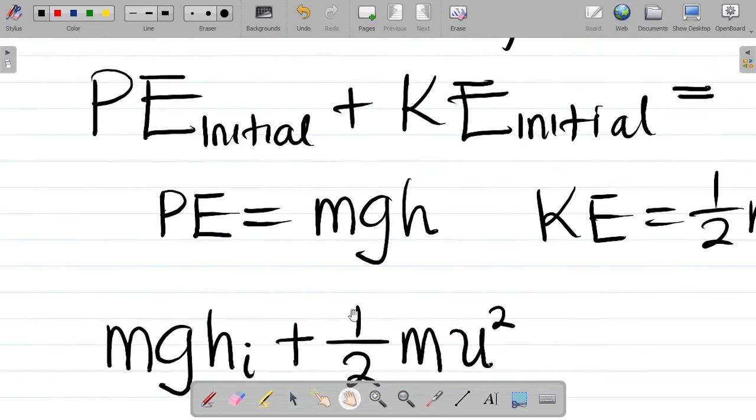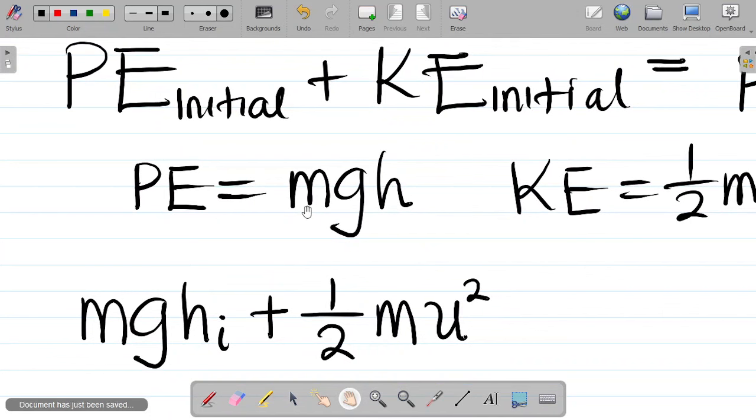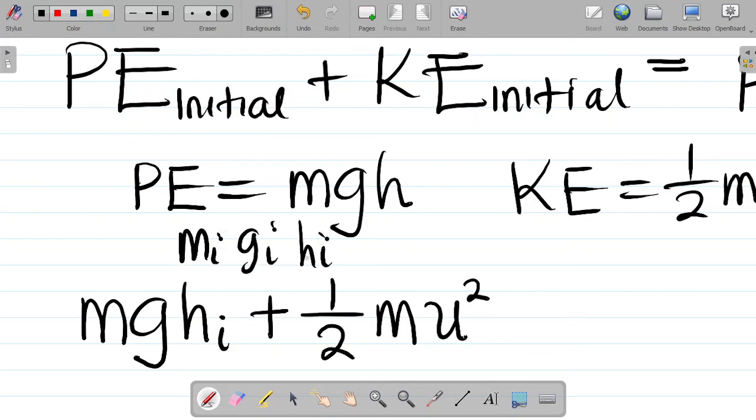Now observe this. In potential energy, I said mass times gravity times height. For potential energy initial, I did not say mass initial, gravity initial, and height initial. Why? Because it's the same mass. Mass is constant, it does not change. So there's no need of putting mass initial and mass final.